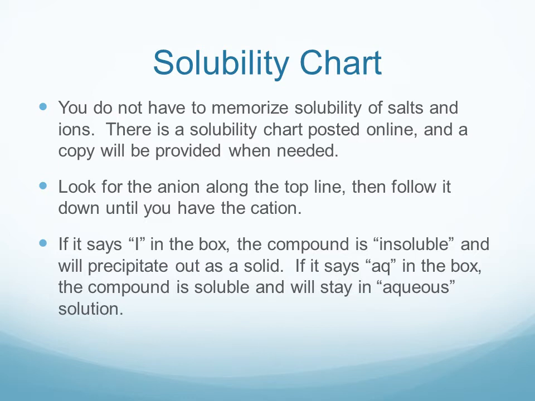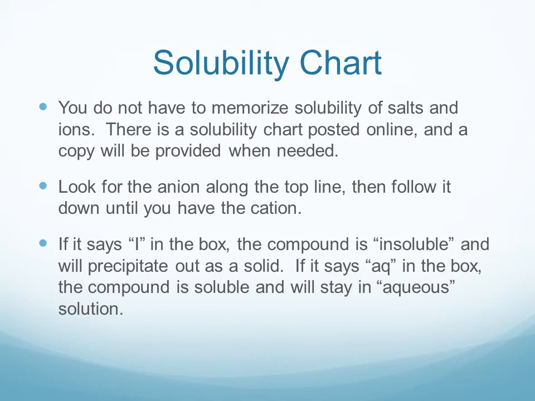So instead of looking at the different tables and rules in the textbook to memorize the solubility of different ions to figure out the solubility of salts, I'm posting a solubility chart online, and I will have a copy if needed for different homework assignments or quizzes. What you have to do with that chart is look for the anion along the top row, and then on the side there are cations, so you follow it down until you have the cation.